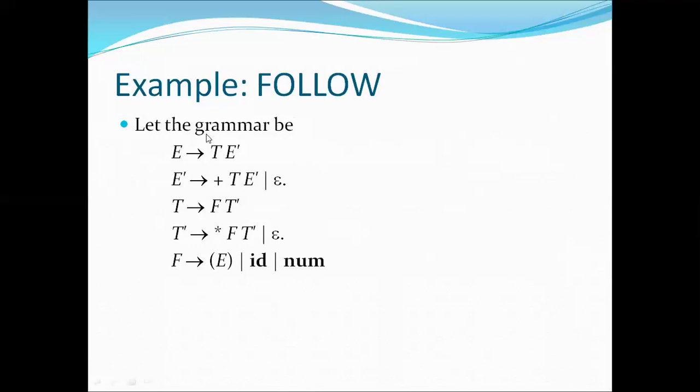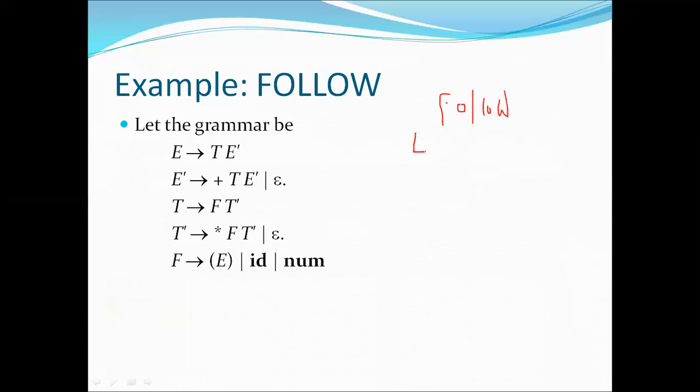Here I already told you, if you are calculating the follow, we need to check whether the symbol is available on the right hand side or not. So we will calculate the follow for all the variables, that means capital letters.